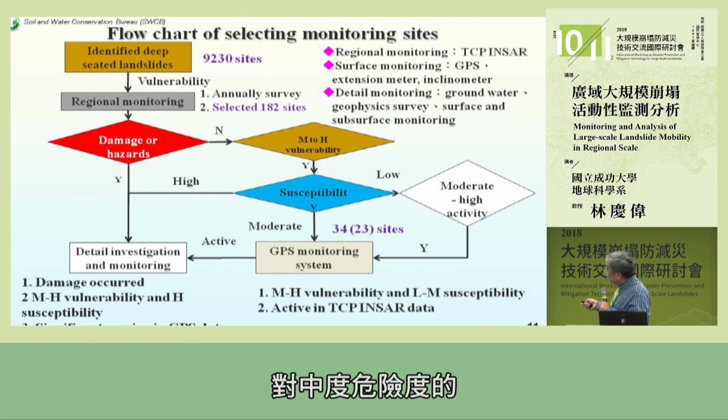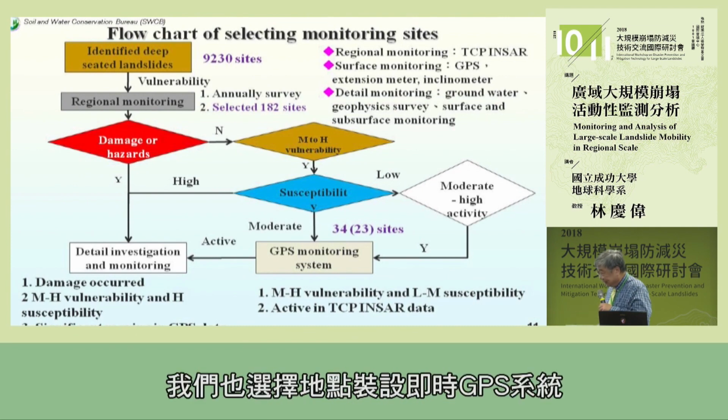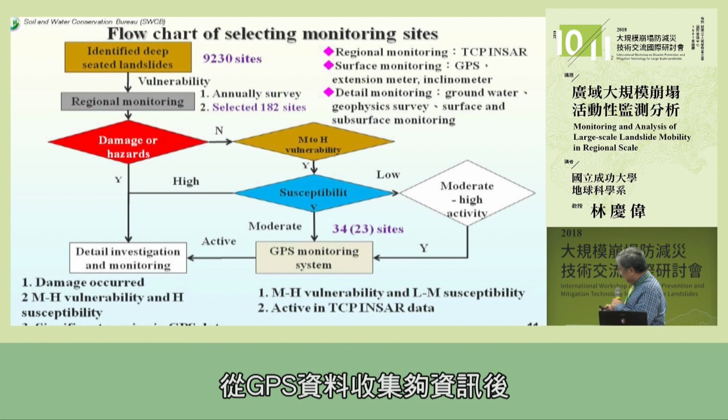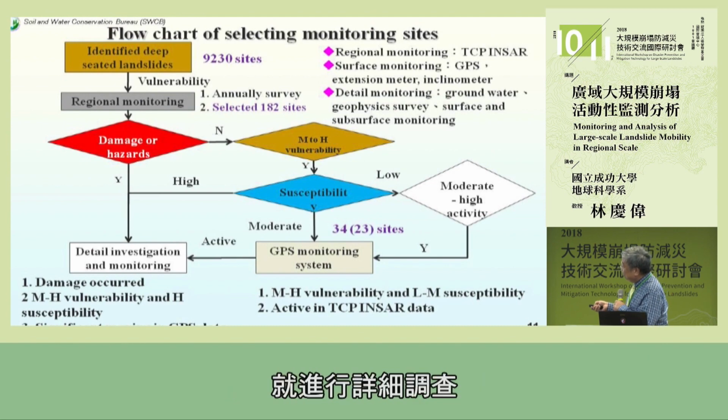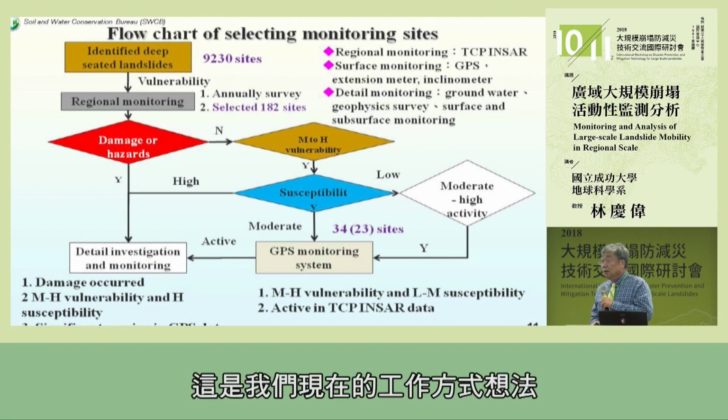And if susceptibility is moderate, we also select the site to install a real-time GPS system. After we collect enough information from the GPS data, if it's really active, then we work toward detailed investigation. That's the philosophy or approach we work with right now.